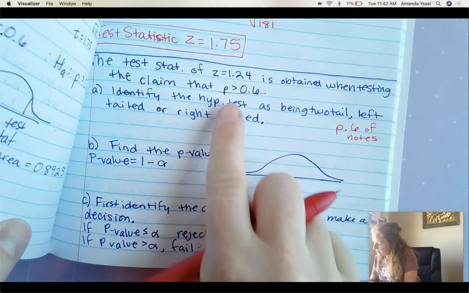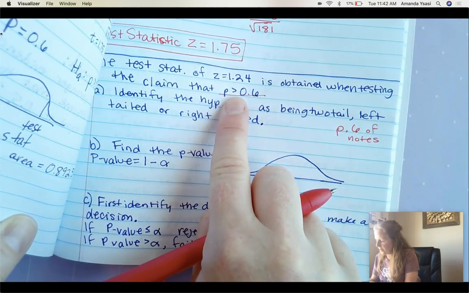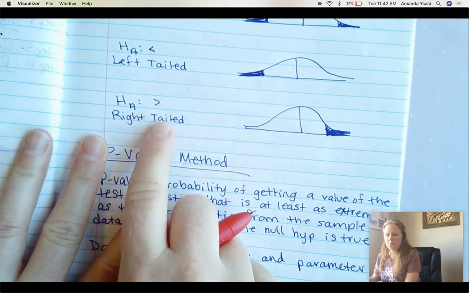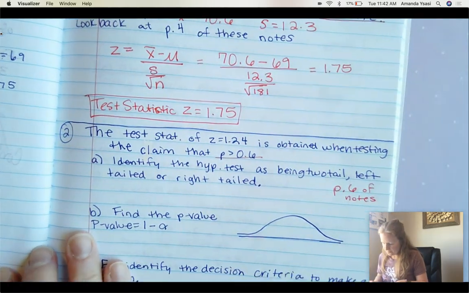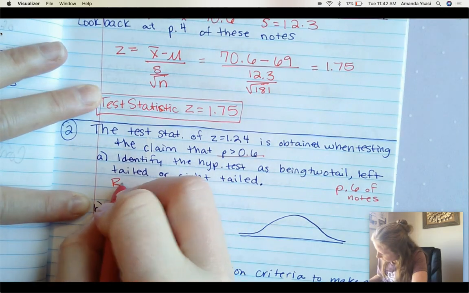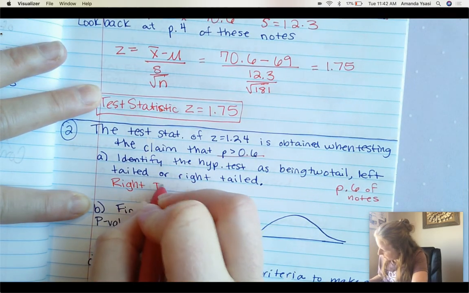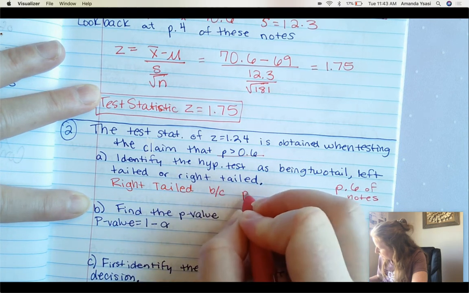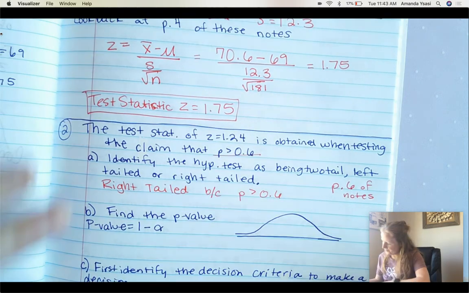Okay, this says P is greater than 0.6. So the greater than is the right tail, because P is greater than 0.6.